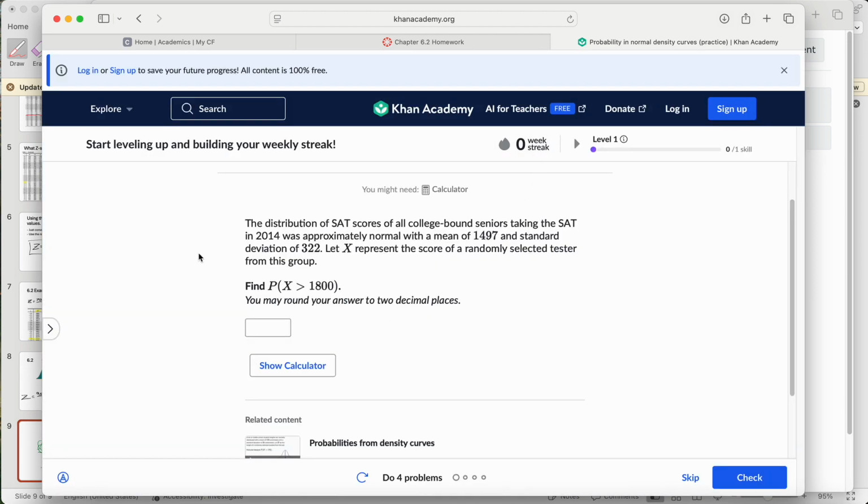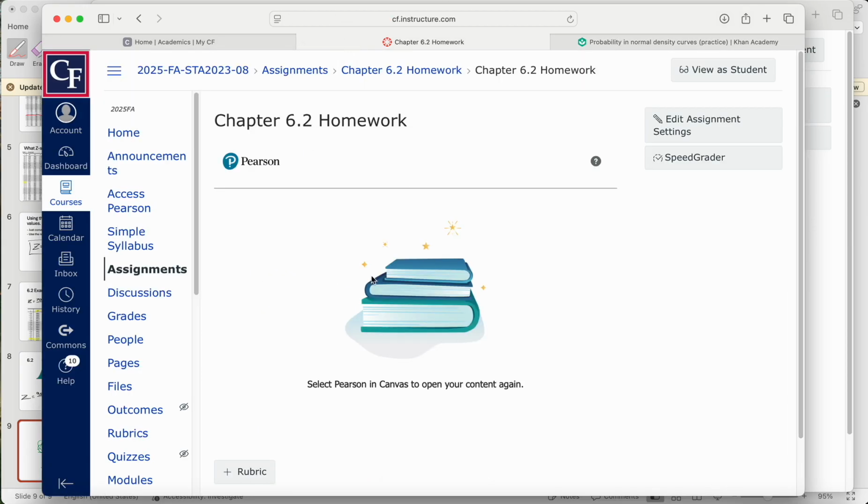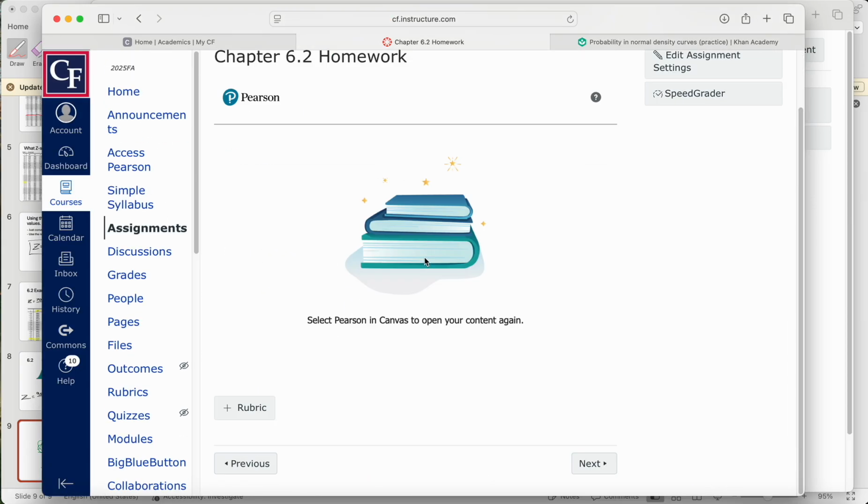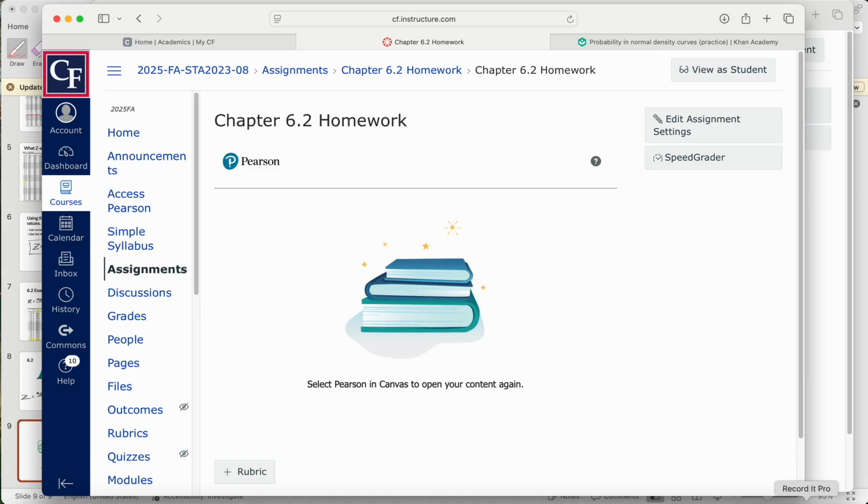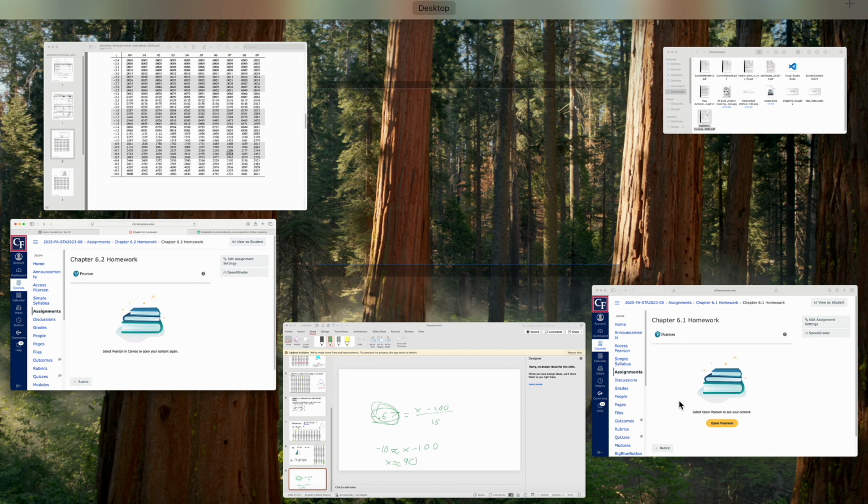So it's still something that you can do in StatCrunch. In fact, I'm still going to open up StatCrunch to do it. But I really think it's almost worth going through to Khan Academy just once.